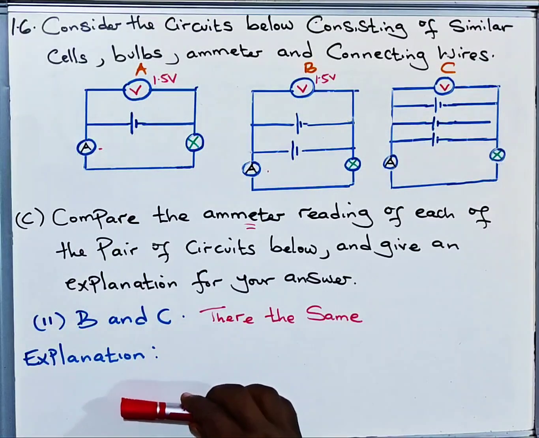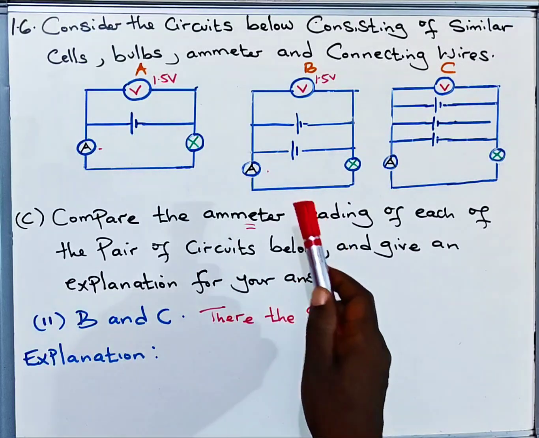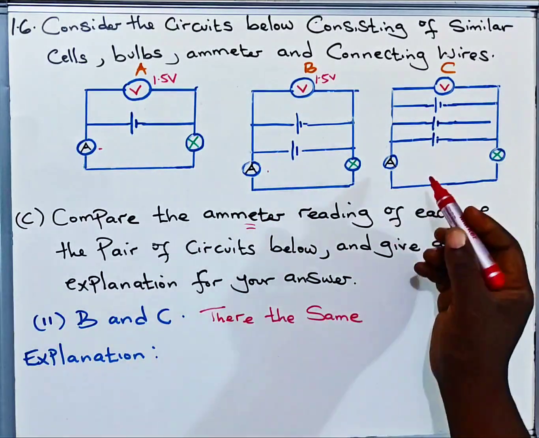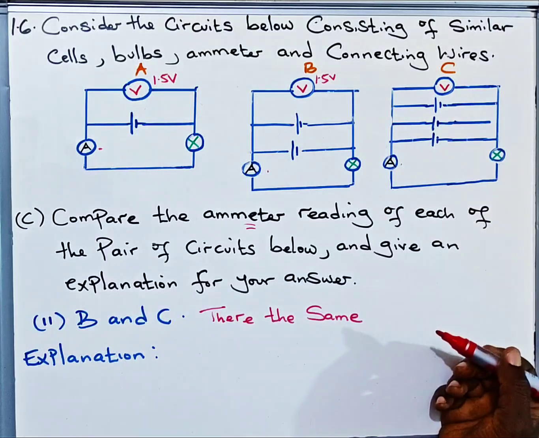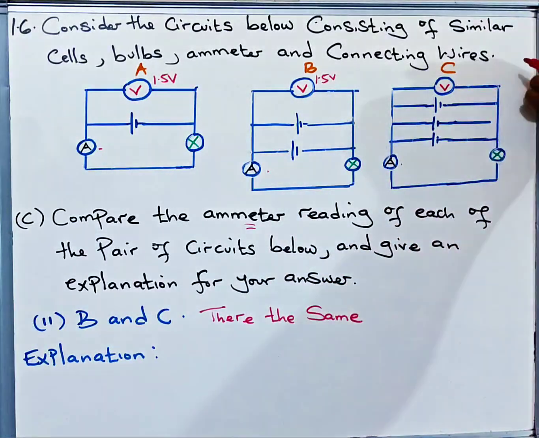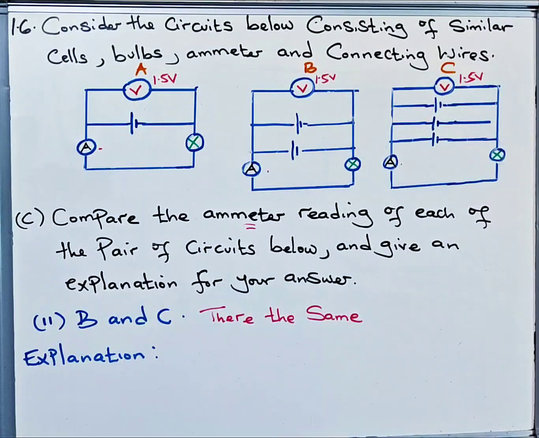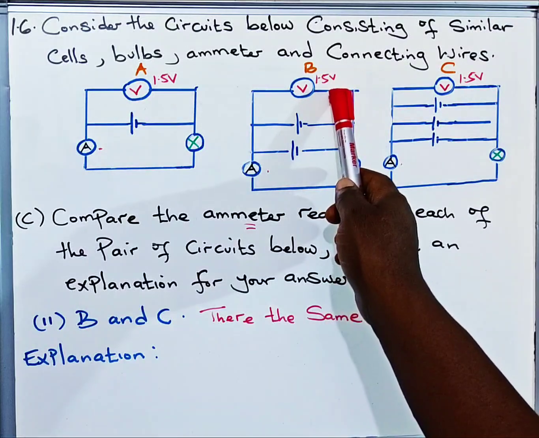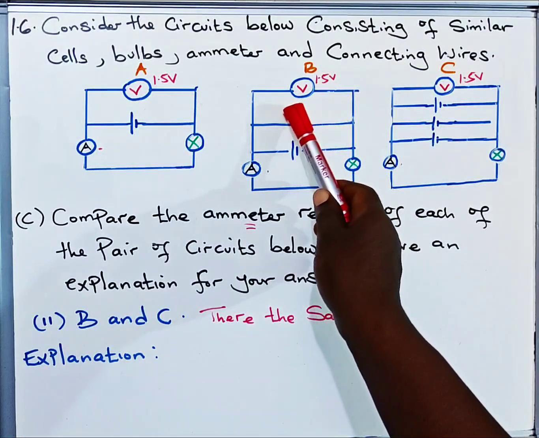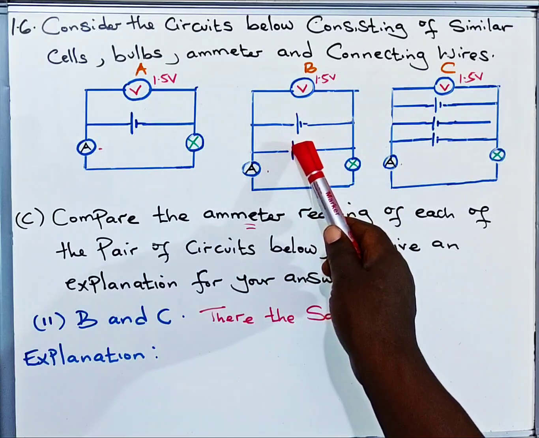Explanation. What is the explanation of this ammeter reading being equal to this? The reason is that in both circuits, the potential difference is the same. We say this is 1.5 on our assumption that each of the cells is 1.5.